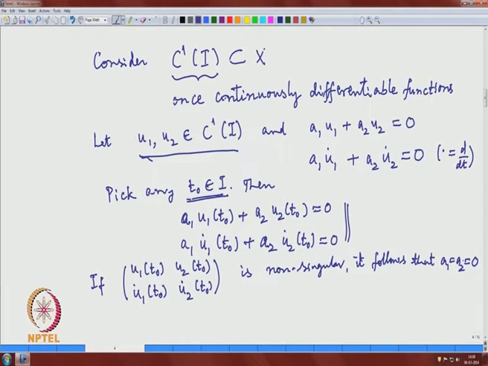Okay. And this matrix is called the Wronski matrix of U1, U2 at the point t0.